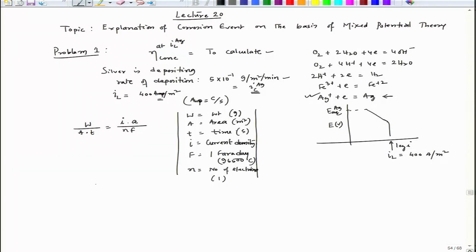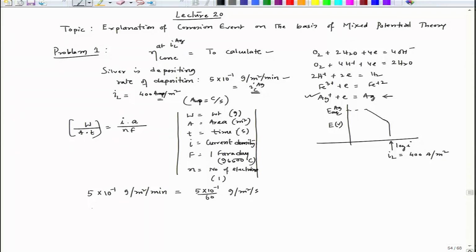So, if we see this particular quantity, it is basically 5 into 10 to the power minus 1 gram per meter square per minute. I have to convert this into gram per meter square per second. So, 5 into 10 to the power minus 1 divided by 60, it becomes gram per meter square per second.